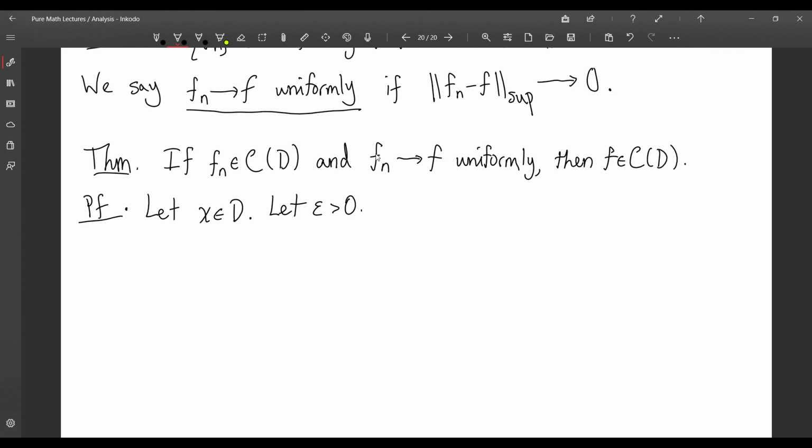Now we can use the convergence here, right? There is some natural number big N such that the supremum norm of f sub big N minus f is less than epsilon over 3.